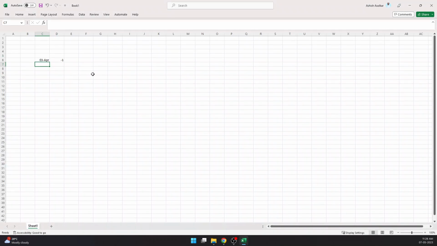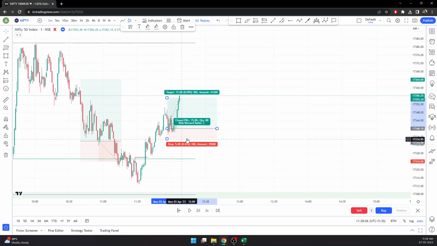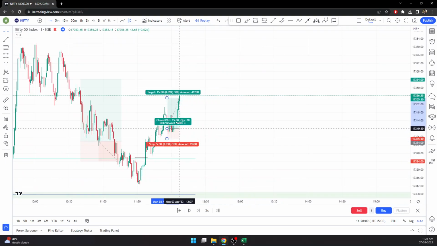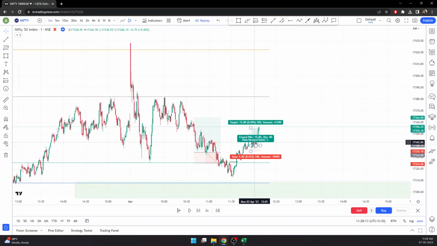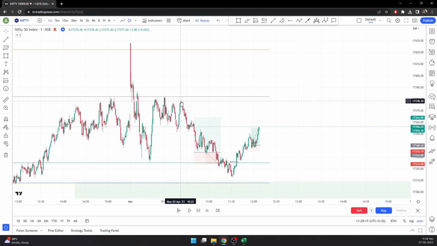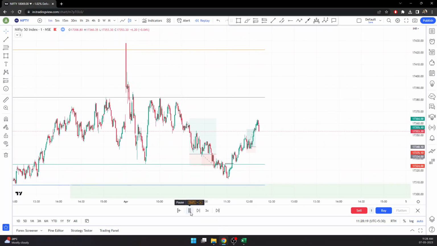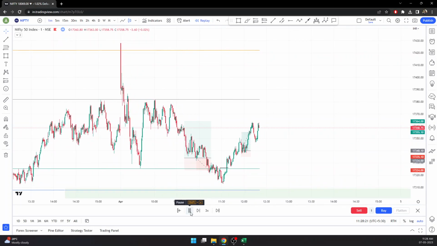So on 3rd of April itself we have achieved one SL and one target hit, right? Now our expectation is to actually cross these highs. So this is our expectation. Let's see what happens.